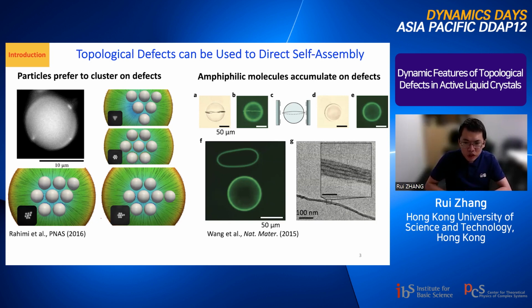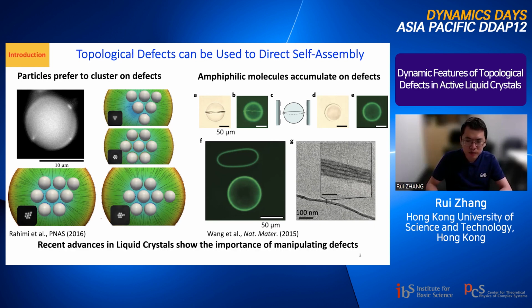On the right, topological defects are used to template the assembly of amphiphilic molecules, so that eventually we can obtain a freestanding polymer ring after the raise of the temperature, so that the molecules can leave the topological defects and form a certain shape.